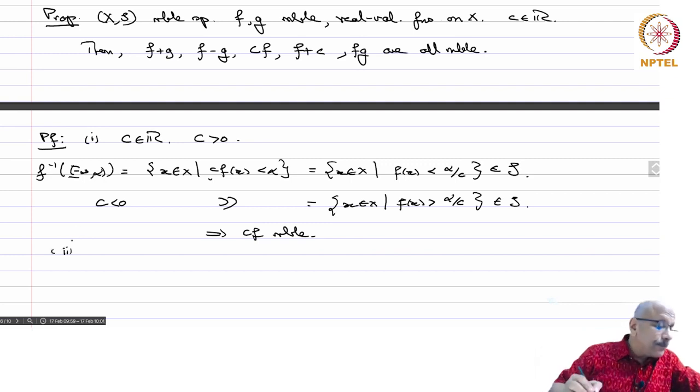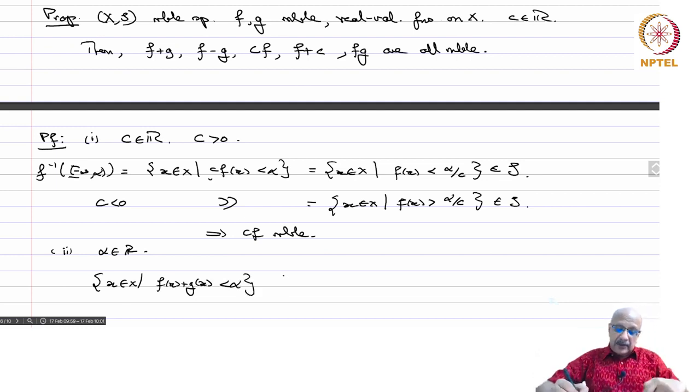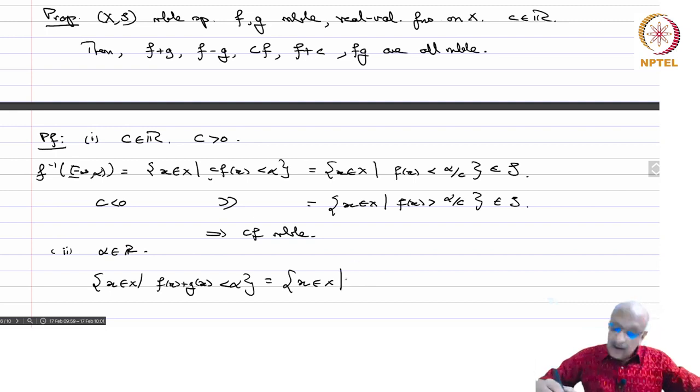2. Let alpha belong to R, and now we want to look at the set of all x in X such that f(x) plus g(x) is less than alpha. We want to show that this is measurable. Again we are taking the minus infinity to alpha open as the test set. Now this is equal to the set of all x in X such that f(x) is less than alpha minus g(x).